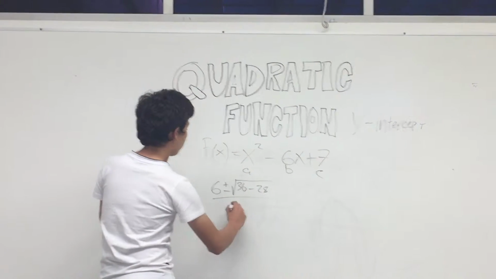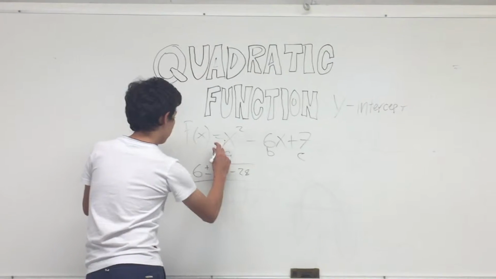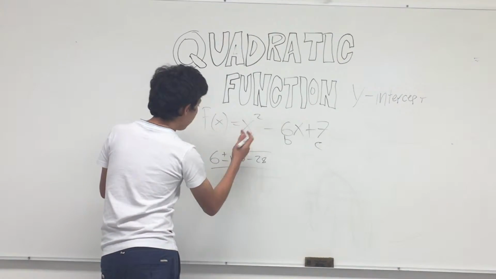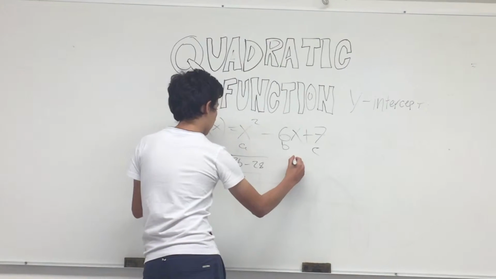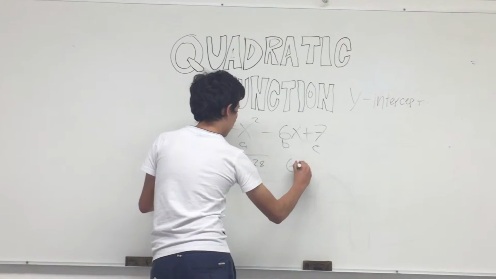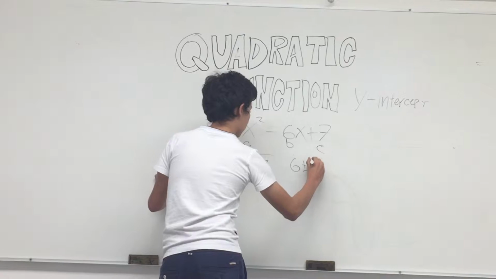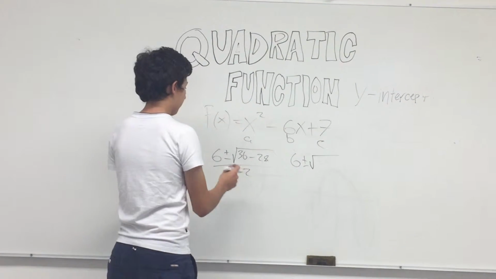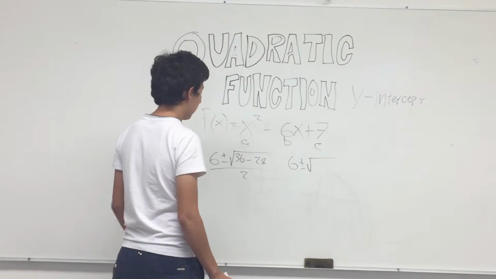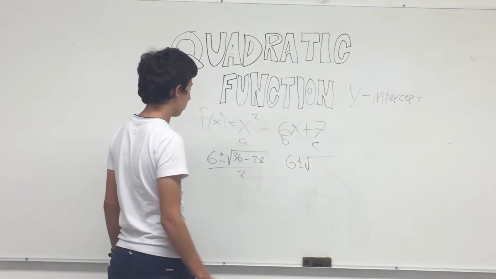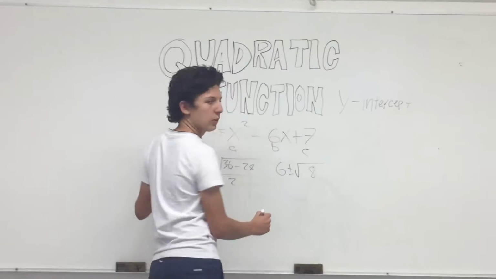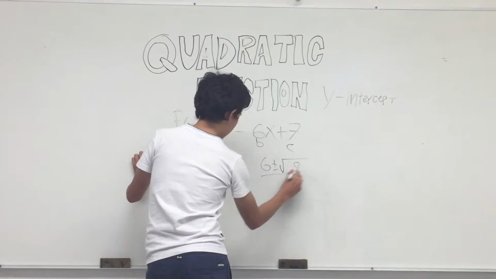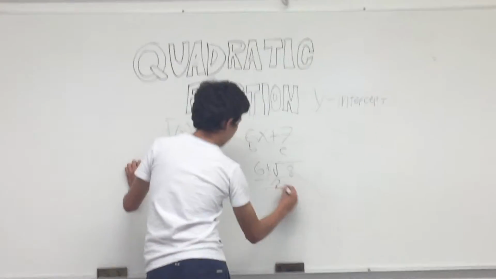And all of this is divided by 2a, where a is 1, which is 2. So 6 plus or minus the square root of 36 minus 28, which is equal to 8. Right? Yes? Yes. All of this is divided by 2.